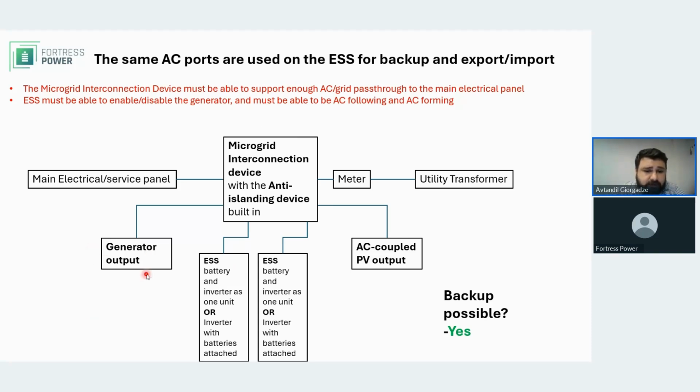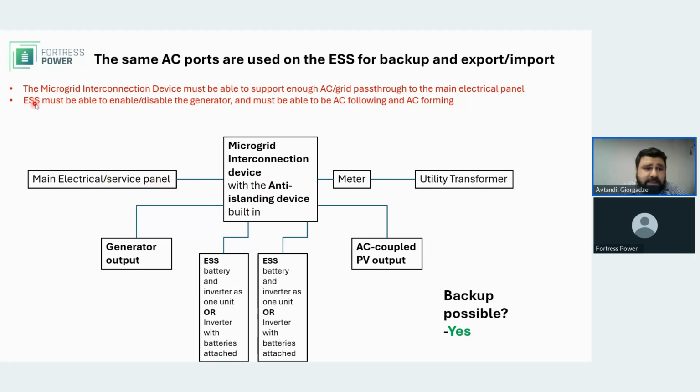So you have your generator, you have your first inverter or first energy storage system with inverter and battery built in, and you have your AC coupled PV. So everything here outputs AC, right? And all that AC goes to a microgrid interconnection device, which really manages the power flow. So when the grid is available, obviously the power comes from the utility transformer through the meter, flows through this microgrid interconnection device, and then goes to the main electrical panel.